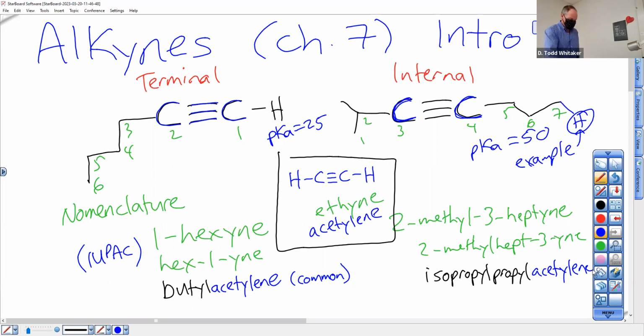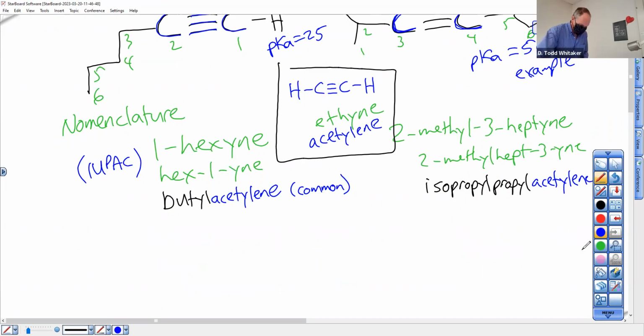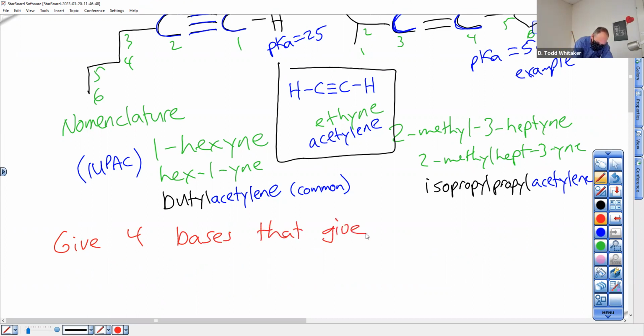Okay, so nomenclature, what else can we get into? pKa. Let's just make this mostly review. Give 4 bases that give a high yield in this reaction.